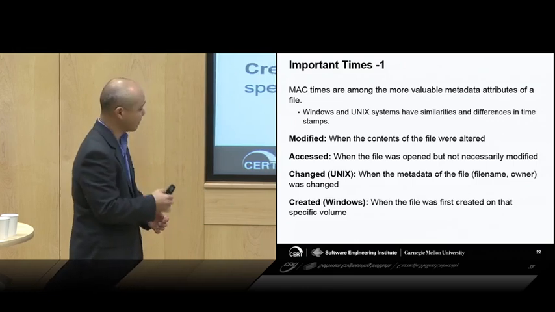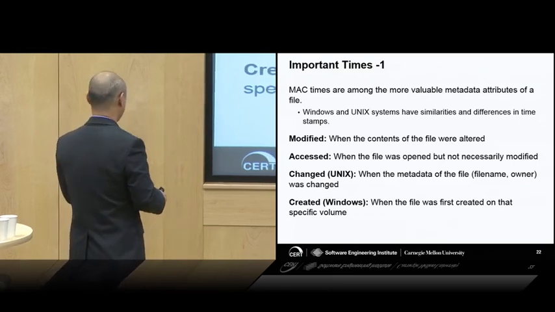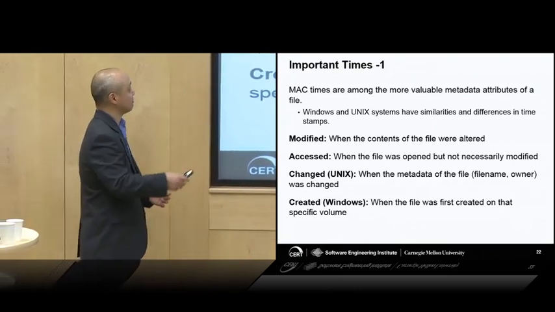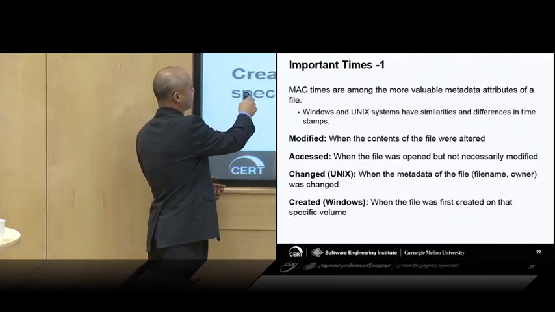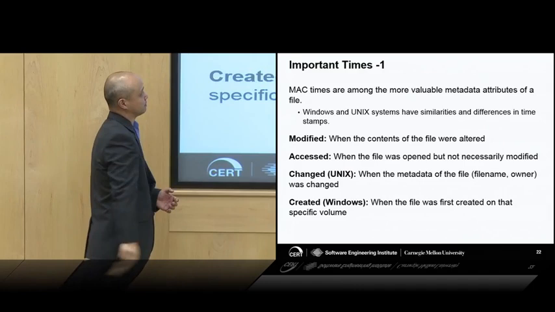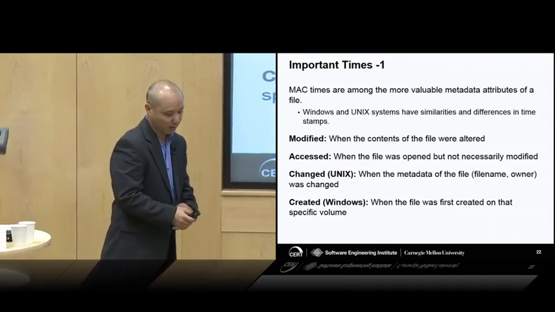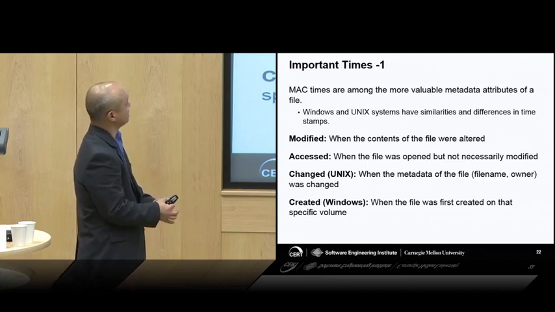Some important times to be looking at. They call them MAC times, but not the media access control like the MAC address of a NIC, but the modified, access, and changed for Unix, or Windows uses created. The MAC times are very important metadata attributes to use.